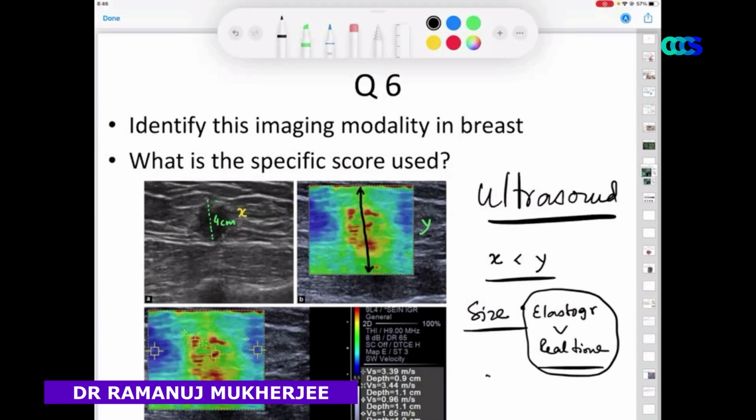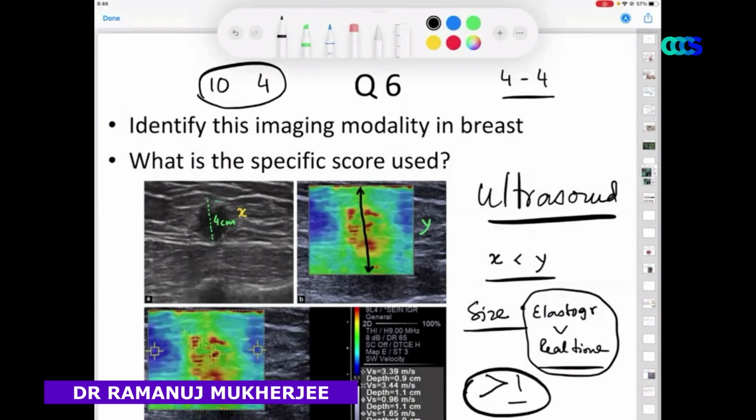People say that if the ratio is greater than 1, so initially it was 4, now it is also 4, the ratio is 1 or less than 1. But if initially the size is 4, but the elastographic appearance tells you 10, definitely 10 divided by 4 is more than 1.